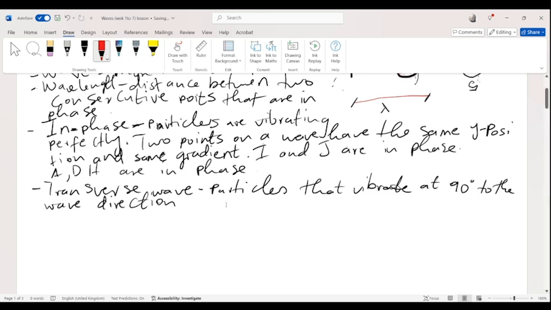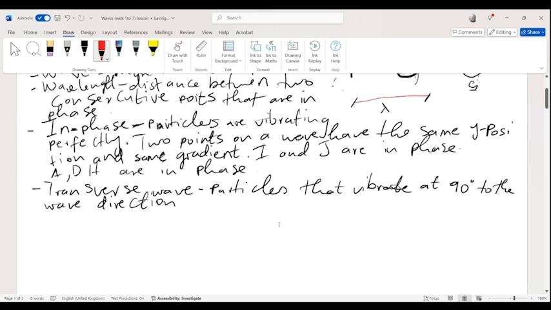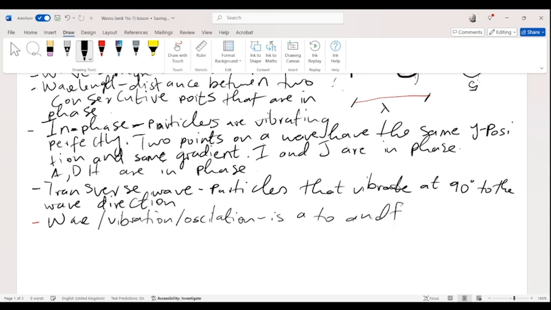A wave, a vibration, or an oscillation is a to and fro movement of particles in a wave.